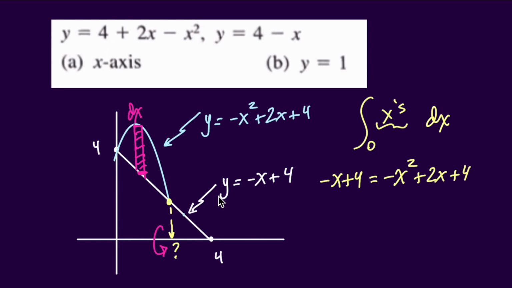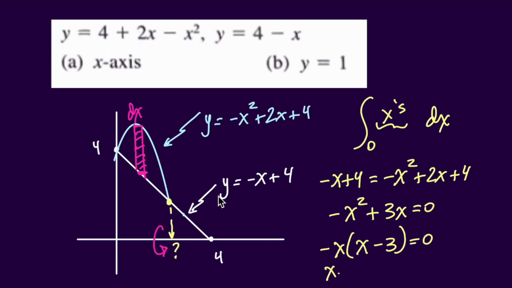When we move things to one side and set everything to 0, we have negative x squared plus 3x equals 0. We pull out a negative x, and that gives us negative x times (x minus 3) equals 0. x equals 0 and x equals positive 3 are our intersection points. So we now know that this is x equals 3, and that is the limit of integration from x equals 0 to x equals 3.